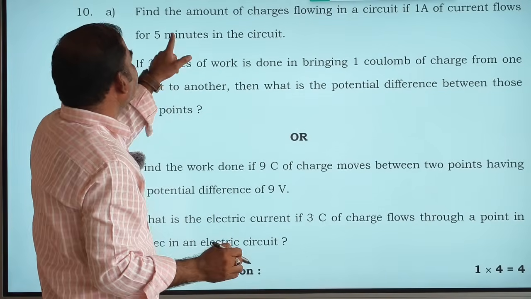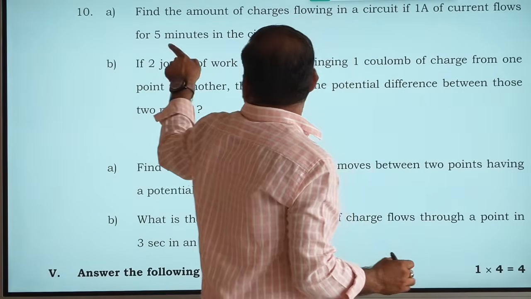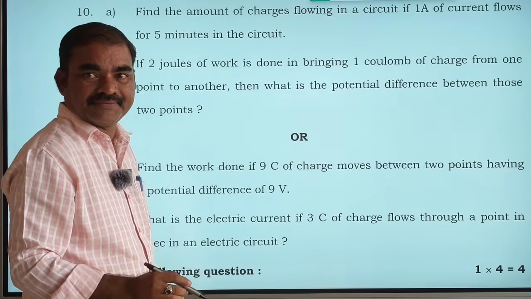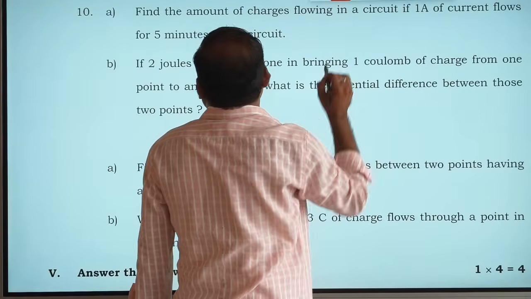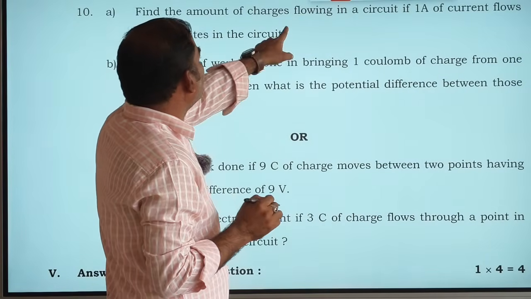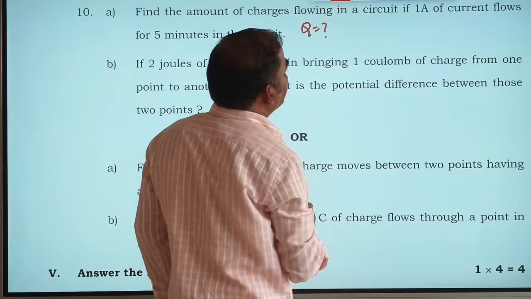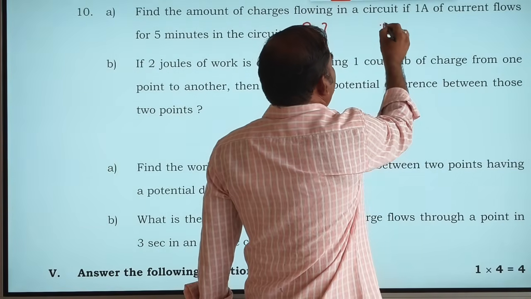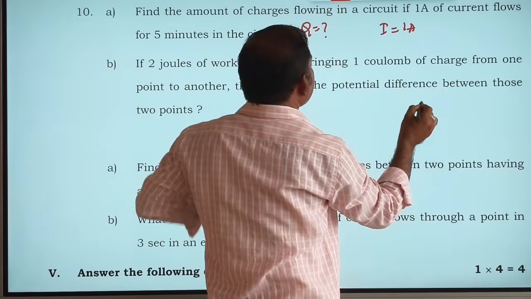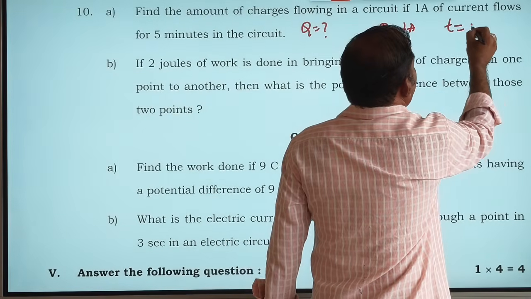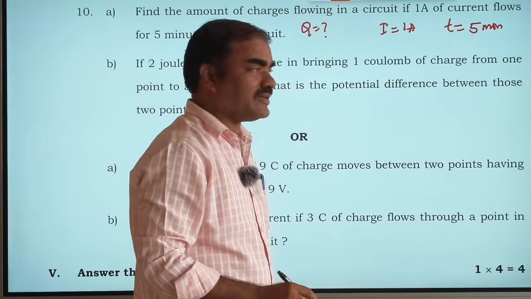Next, find the amount of charge flowing in a circuit if 1 ampere of current flows for 5 minutes in a circuit. First, let us write what is given. We have to find the charge, Q. Current I is 1 ampere. The time is given, 5 minutes, but we have to convert it to seconds.